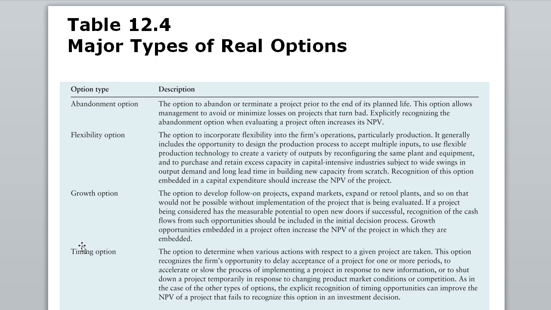So let's talk about what the real options are. Think about the different opportunities companies have when they take on certain projects. Certain projects are the foot in the door projects.